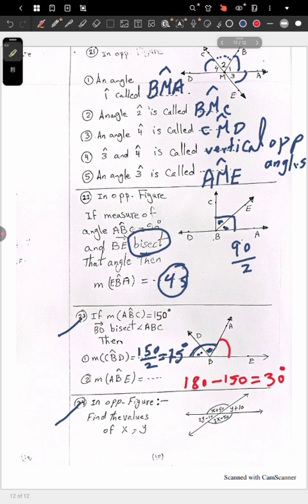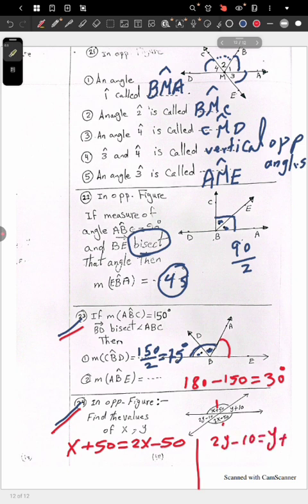Okay. Number 24, very important. Opposite angles are equal. x plus 50 is equal to 2x minus 50 in the first. In the second, 2y minus 10 equals y plus 10. That is, two opposite vertical angles are equal. I repeat that: two vertical opposite angles are equal. Okay.